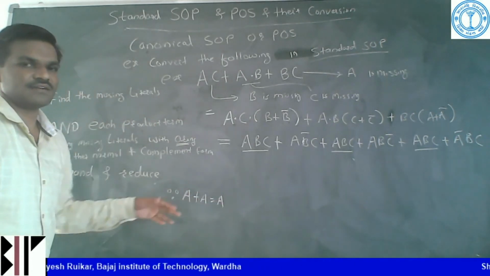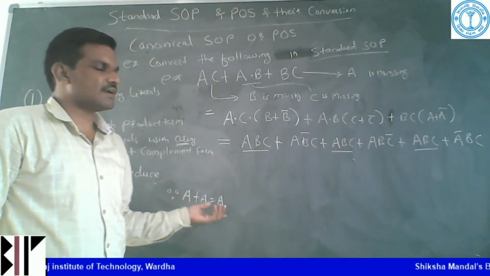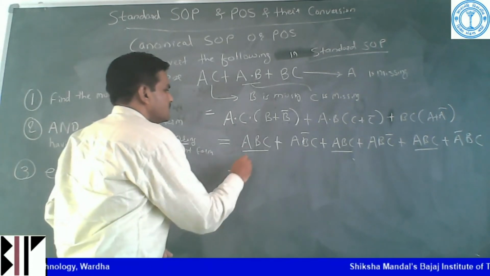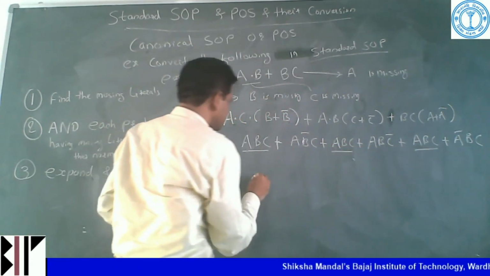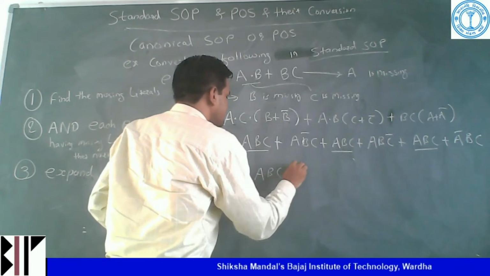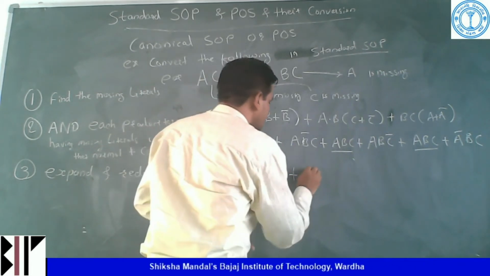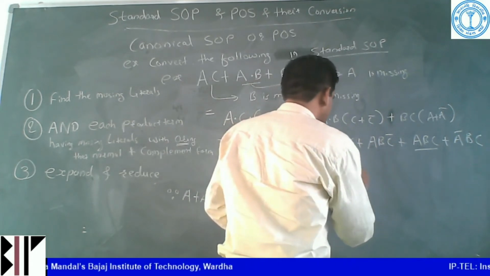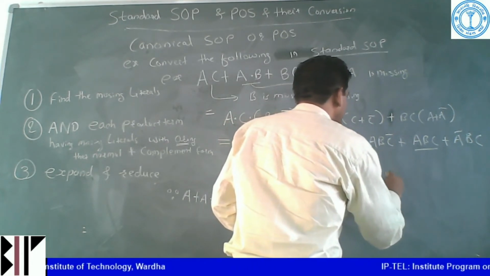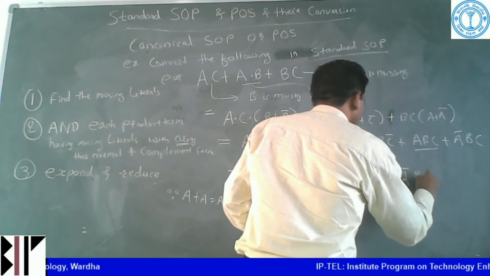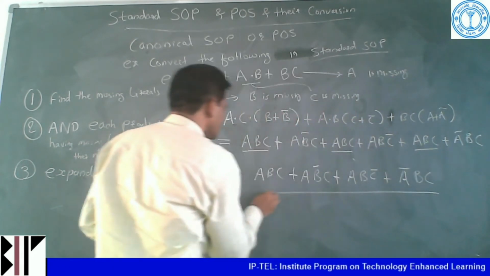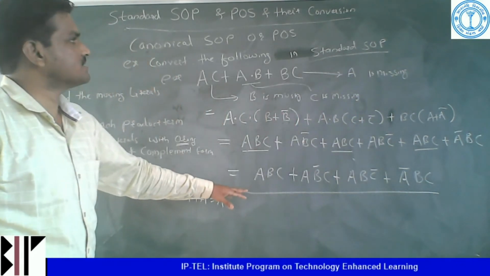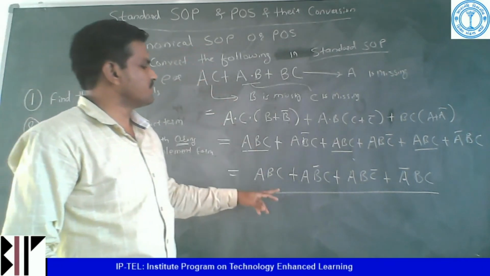How many same terms are there? We can write only a single term. So for the three ABC, I will write ABC plus the other terms, A B bar C plus A B C bar plus A bar B C. This is my standard expression, or you can say standard SOP form.